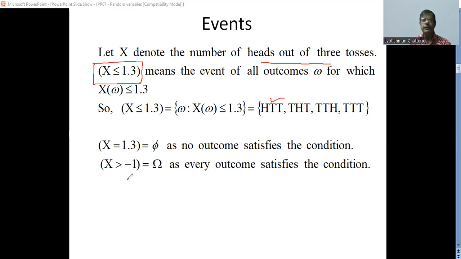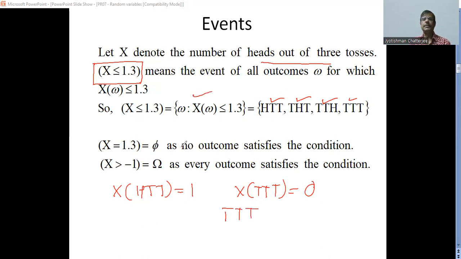So X value of HTT is equal to 1. That's why HTT belongs here. Similarly, THT also belongs here. TTH and TTT. What's X of TTT? That's equal to 0. So this outcome TTT also satisfies this.